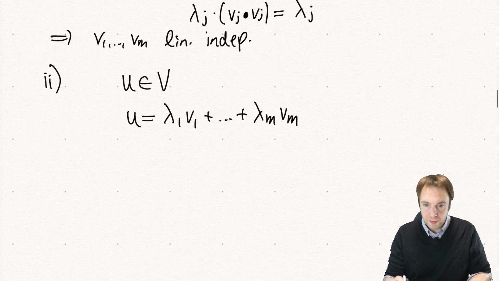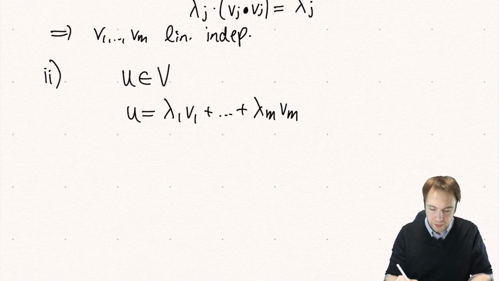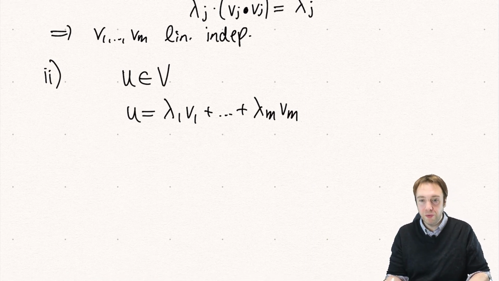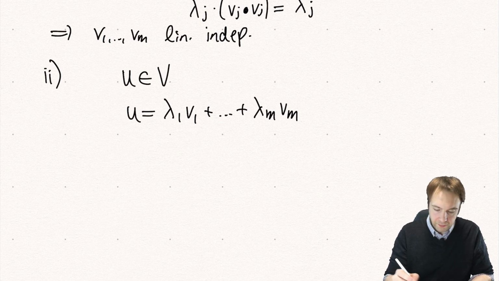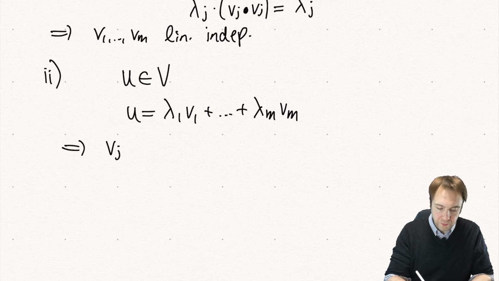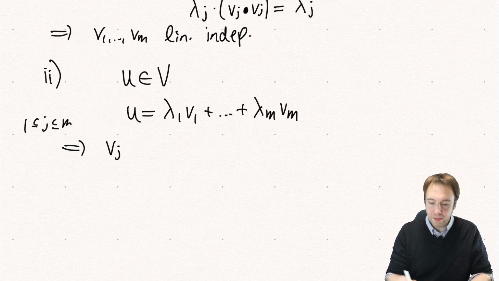And now we again multiply both sides with some vj, for all j between 1 and m, taking the dot product.